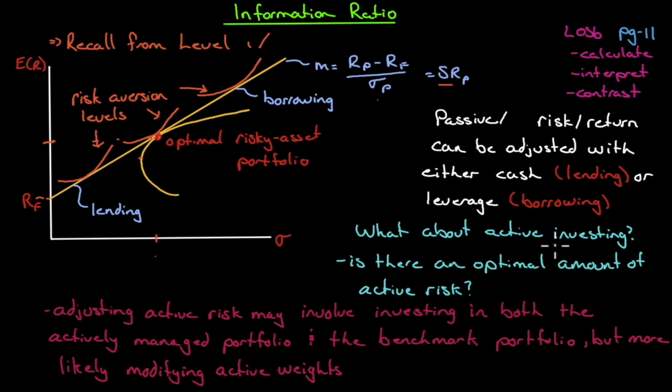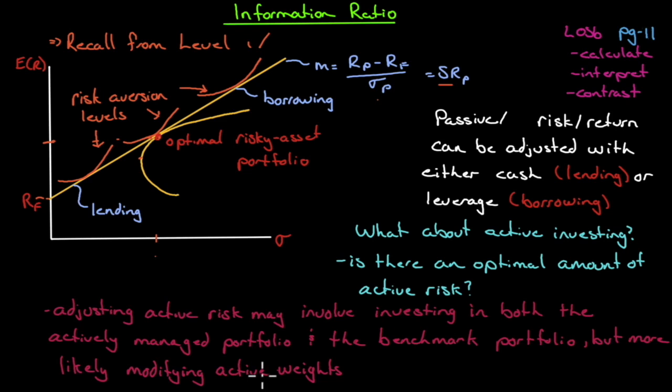What about active investing? How do we target that? Is there an optimal amount of active risk? Adjusting active risk may involve investing in both the actively managed portfolio and the benchmark portfolio, but more likely modifying active weights. That's where we're headed.